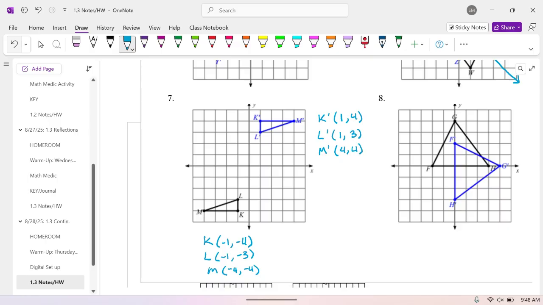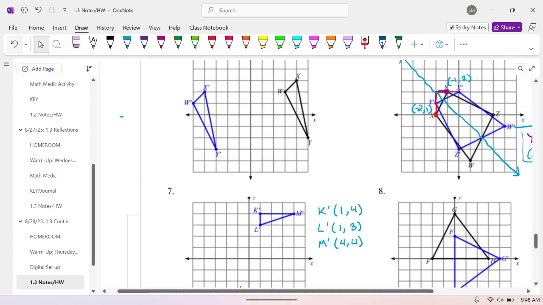Now, going from those points, does that fit any specific rule that we have? No. So if that's the case, that means that 2 transformations happened. All right. So in this case, the way I'm looking at it, it looks like we would reflect over the y-axis first and then reflect over the x-axis.